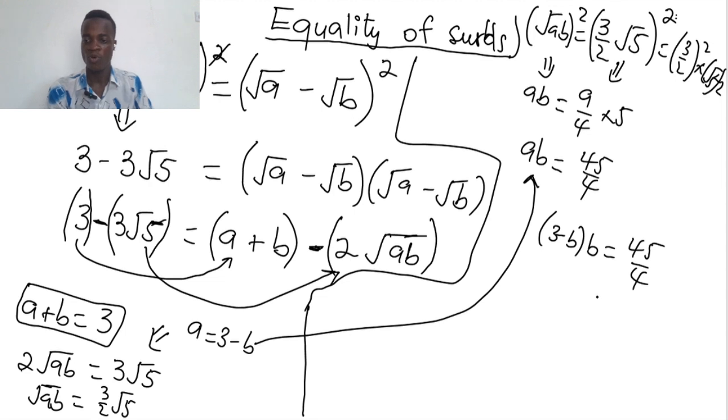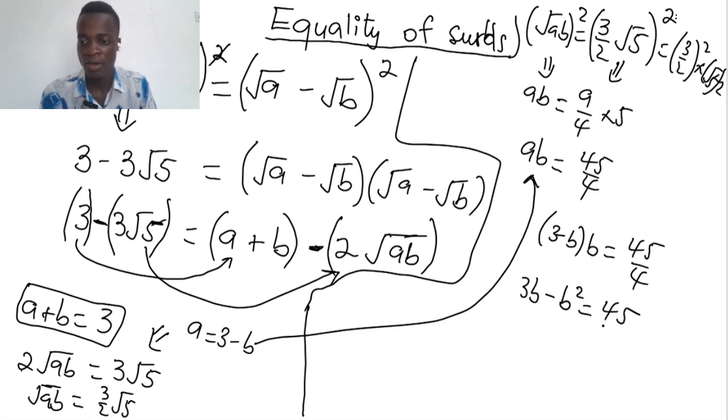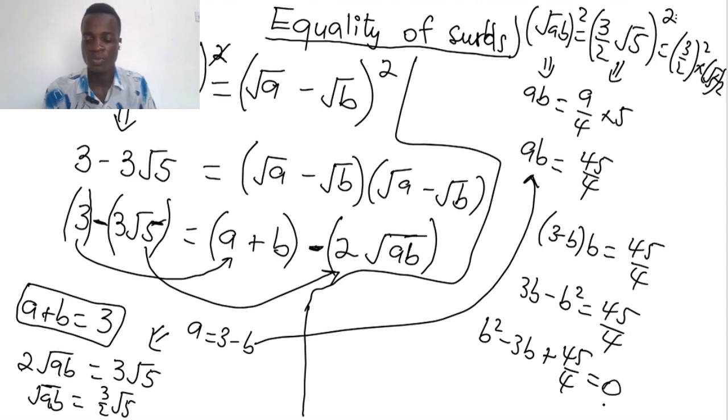So let's solve for b. So now I will have 3b minus b squared is equal to 45 over 4. So at the end of the day, we have b squared minus 3b plus 45 over 4 equals 0.